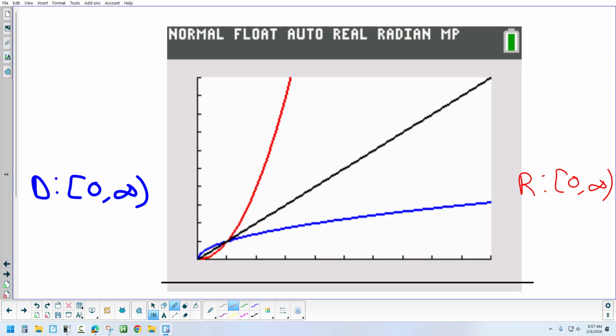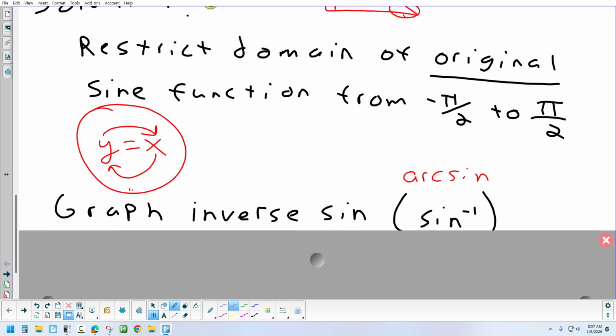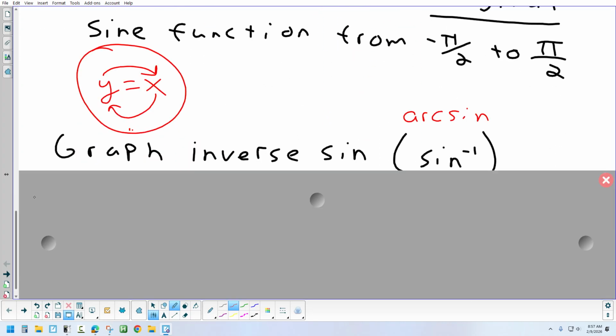So does that give anybody a hint at what happens with the domain and range? If you know them for the original, what do you think you do with them to figure them out for the inverse? Yeah, you just switch them. So the domain becomes the range, and the range becomes the domain. All the x's and the y's switch places.